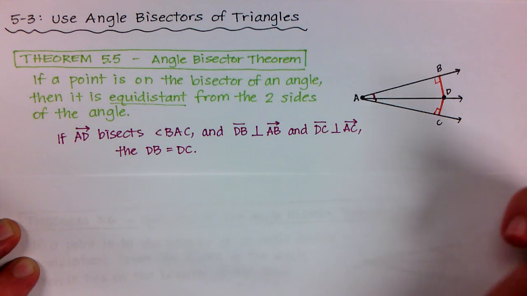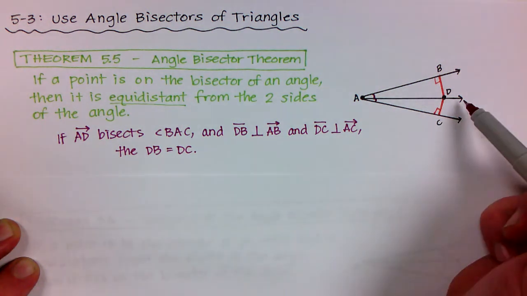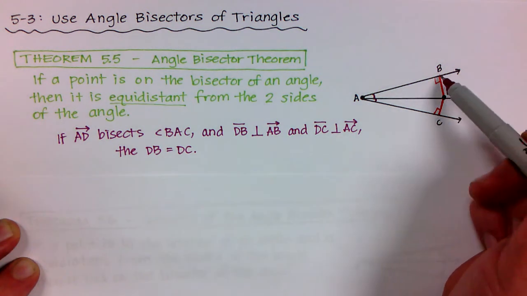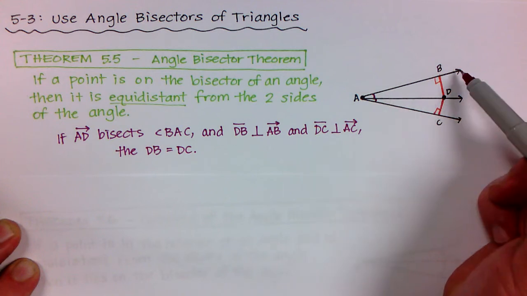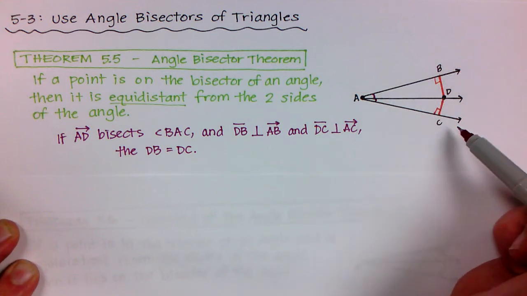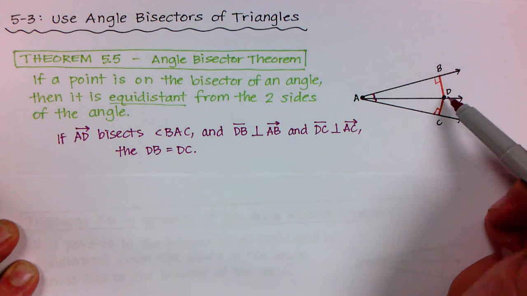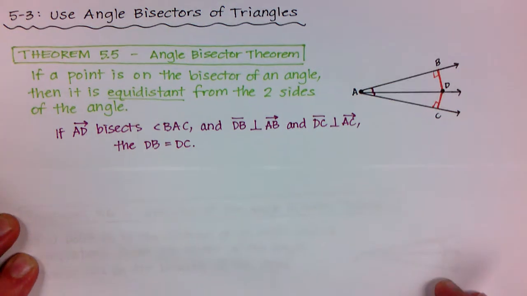Okay? So if AD bisects this big angle, and if this segment is perpendicular to AB, and if this segment is perpendicular to AC, then those two lengths are equal to one another.